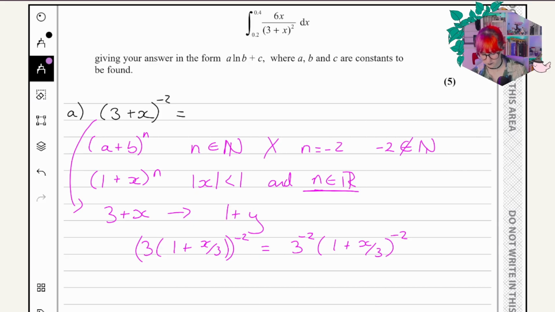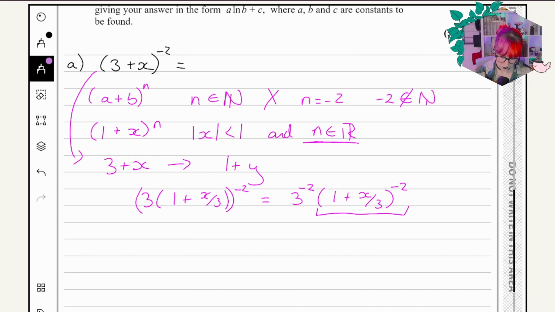Oh, that's fine. Cool. So we just need to solve the binomial expansion for this thing, because now x/3 is going to be less than 1, or we can impose that, I suppose. And then we just have this 3^(-2) out in front.